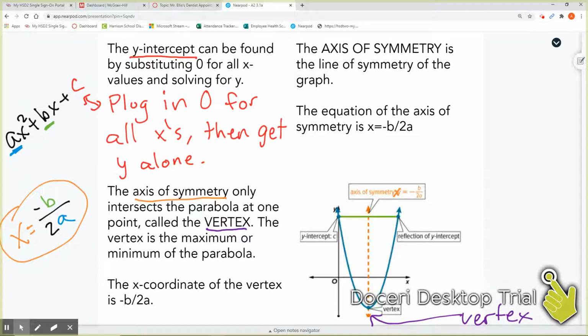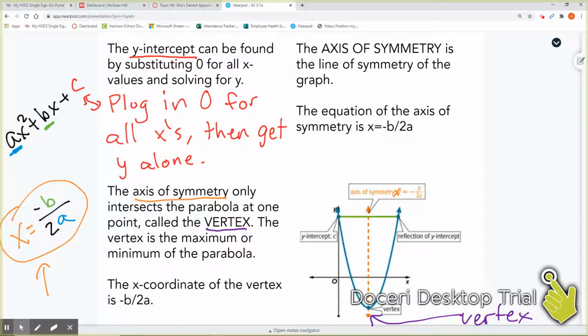Now, your axis of symmetry always crosses your parabola at the vertex. So, in order to calculate the vertex, you just have to find a y value for it, because the x value from this is the x coordinate of your vertex.